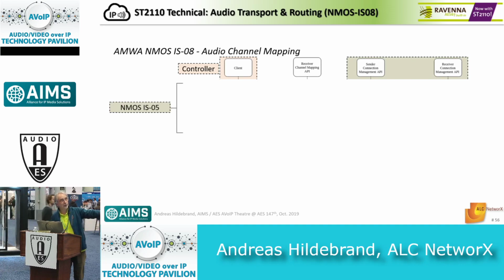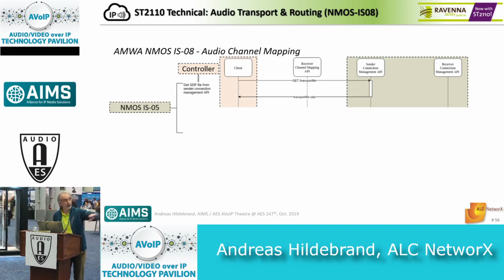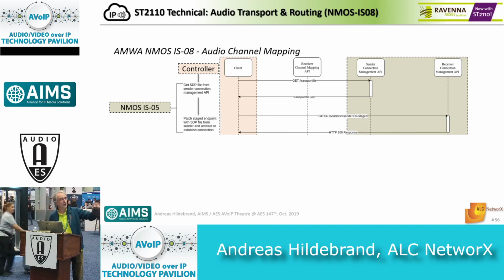We have NMOS IS-05, which is supported by sender and receiver, and the controller pushes the transport file, the SDP information, into the sender, which generates the stream and also delivers the corresponding SDP file for that stream into the registry, so the client is able to read that particular SDP from the sender. Then the controller pushes that information into the receiver. The receiver now has the SDP information and can establish the flow by means of IGMP.